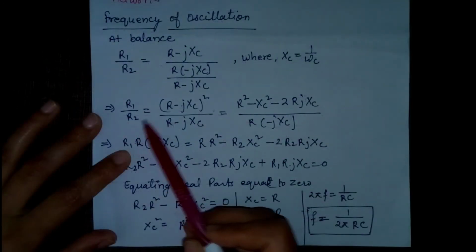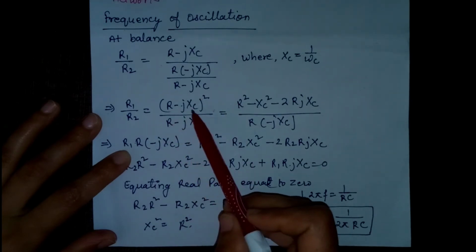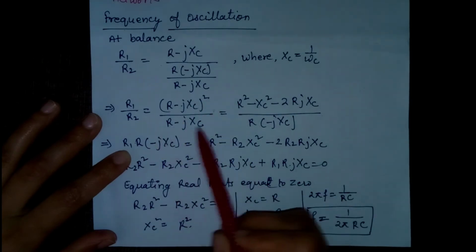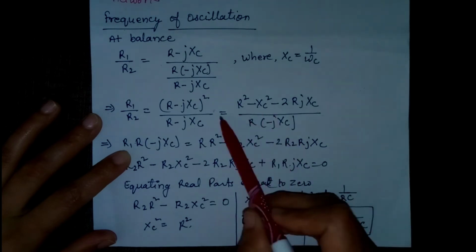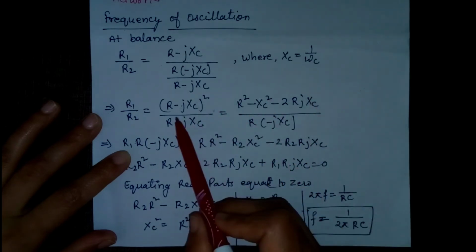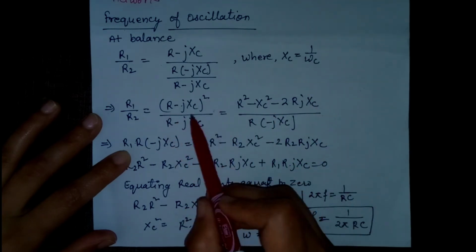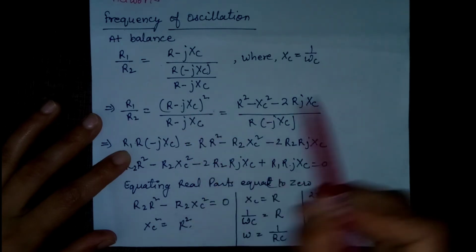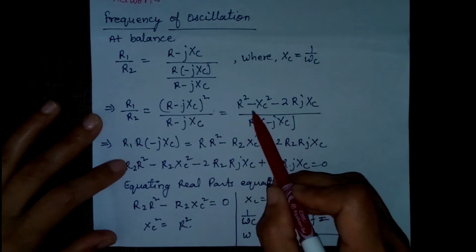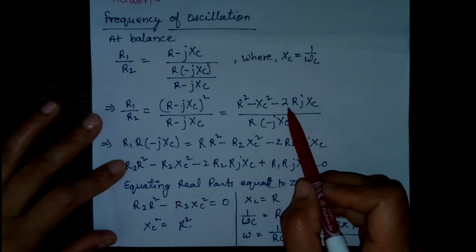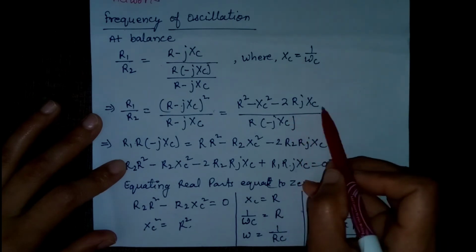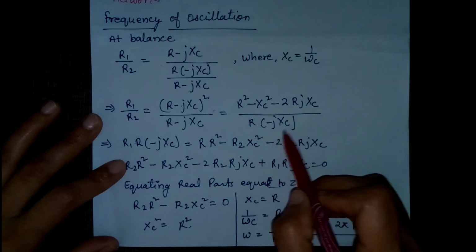Here R1/R2 equals (R minus jXC) whole square upon R minus jXC. After expanding (A minus B) whole square, we will get the equation R square minus XC square minus 2RjXC upon R minus jXC.